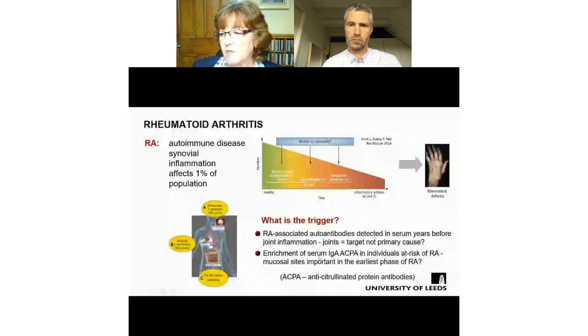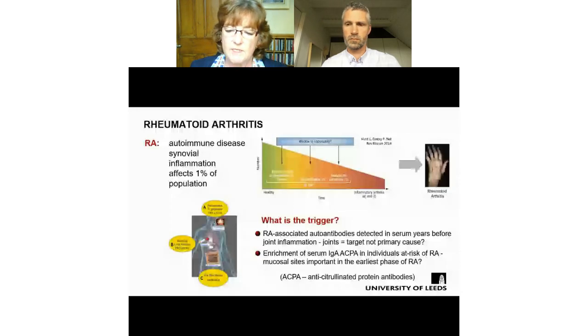You get an enrichment of IgA autoantibodies in individuals who are at risk of rheumatoid arthritis. And IgA antibodies reflect mucosal immunity. IgAs are major antibodies in secretions like saliva, bronchial secretions, including sputum, colostrum, and at the gut mucosal surface.